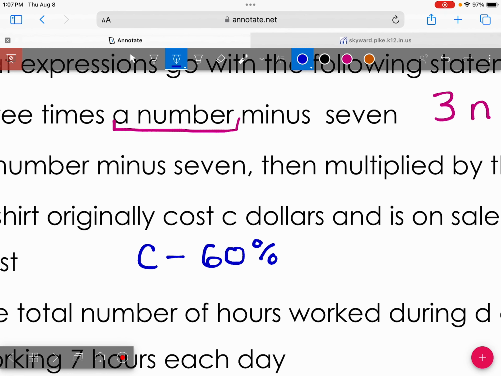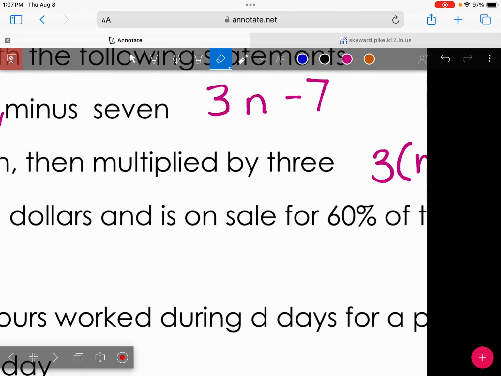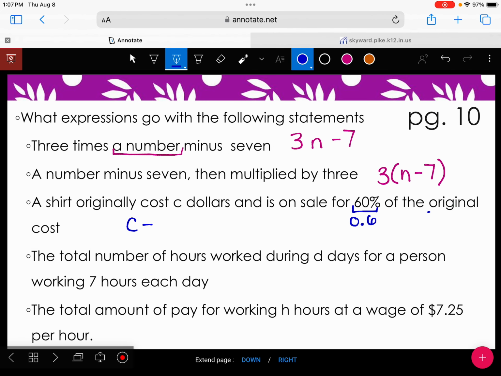Make it a decimal. So when we have percents, it is going to be easier for us if we make this a decimal. So how do I take 60% and write it as a decimal? 0.6. So if I need 0.6 of the original cost, what do I need to do with the 0.6 and the cost? Multiply. That's how we get 60% of the cost.